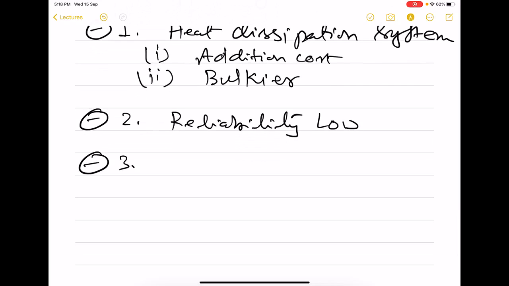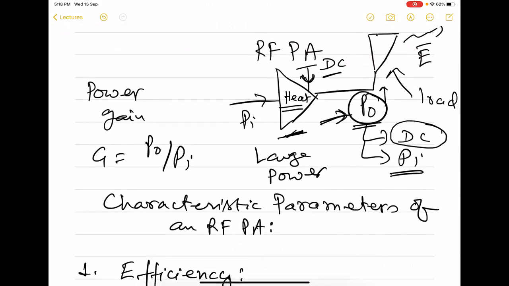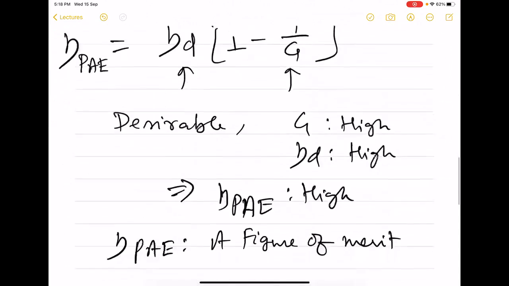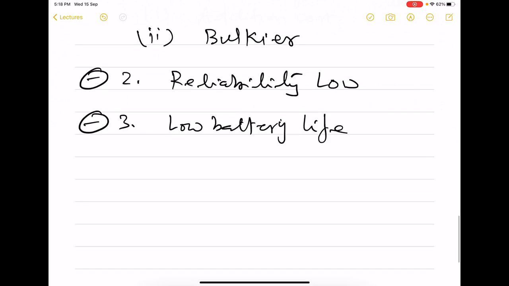Then the third undesired consequence: suppose the DC supply that we have here is from a battery, that means this entire system is handheld. In that case, a lot of power will be drawn from the battery, and the battery will discharge very frequently, so you need to charge it very often. So low battery life is undesirable.